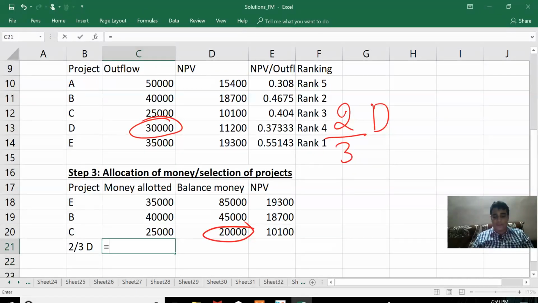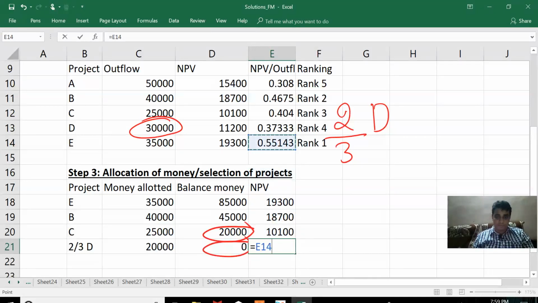And 2 by 3 of D is 30,000 into 2 by 3. That is the money allotted. You are left with 0 rupees now. You have already utilized fully. And this will give you NPV of 11,200 into 2 by 3.